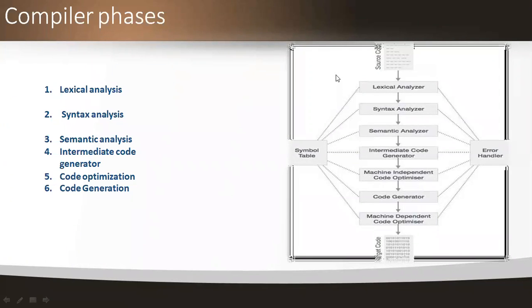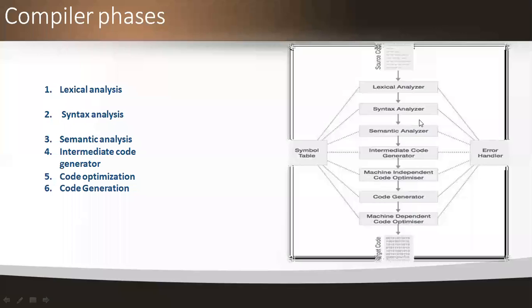See here, we have an arrow representation from phase to phase. That arrow representation shows that there we are implementing a pre-processing technique. It means the source is taken as input to the lexical phase, and the output of lexical is taken as input to the syntax phase.